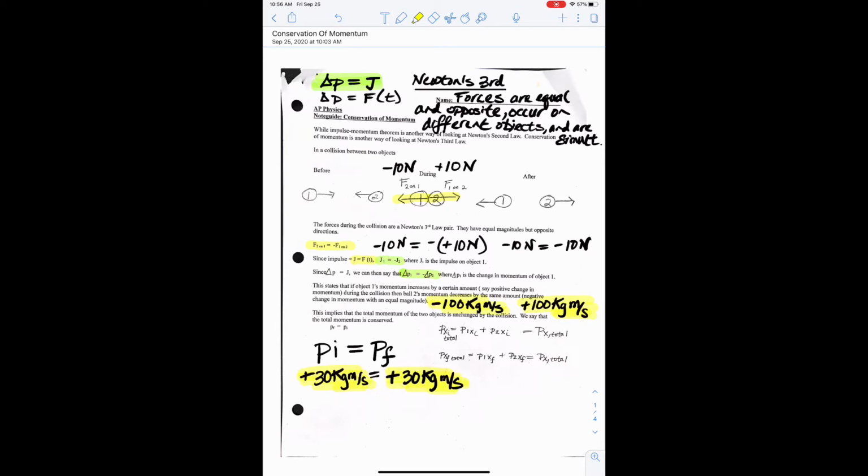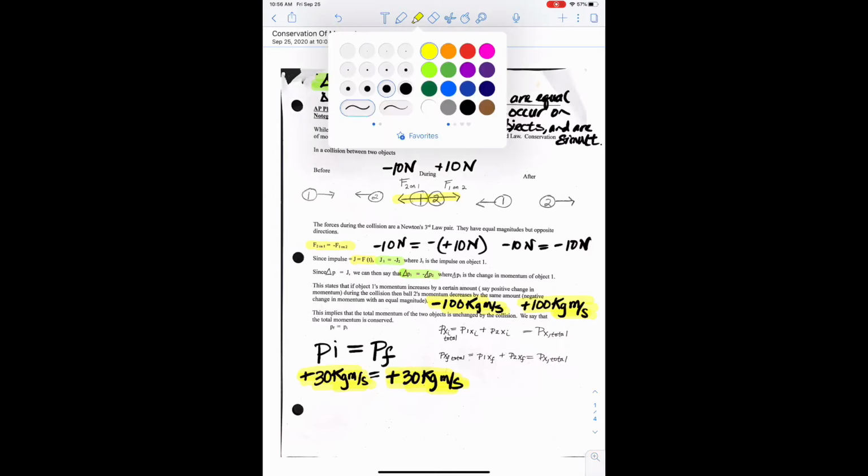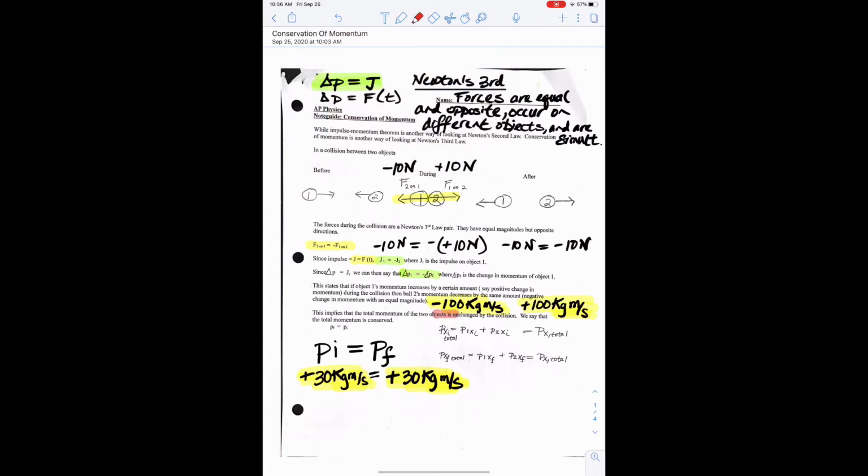If that makes sense. So the momentum is conserved because of the gain and the loss, the gain positive and the gain negative, of that 100 that I was just talking about.